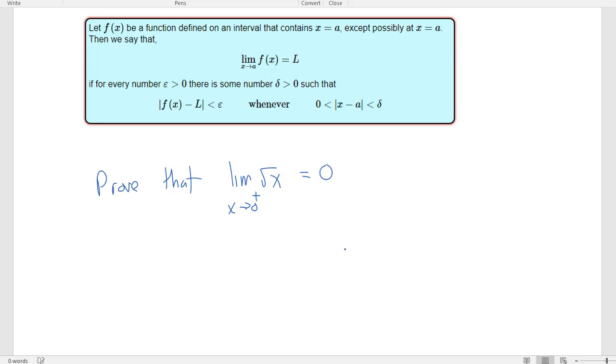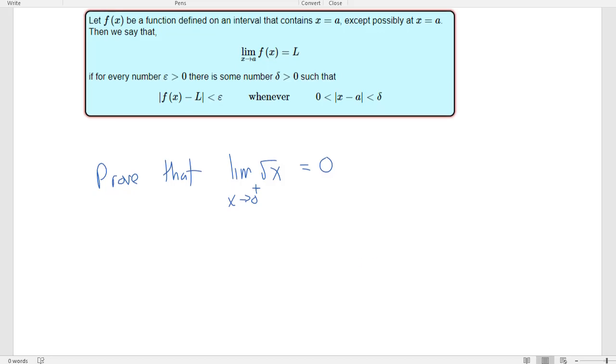Through direct substitution, we could just plug 0 in and see that we get 0. But what we want to do is prove that we can get arbitrarily close to 0 as x approaches 0, kind of like in that very first example. How close to 0 do we need to get so that our y value is close to 0?